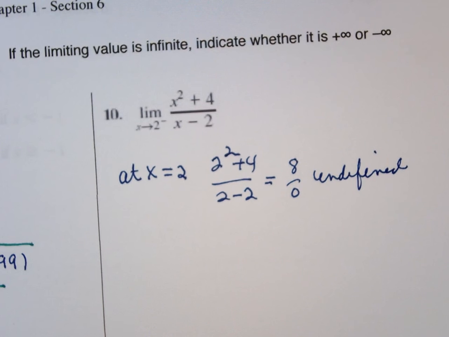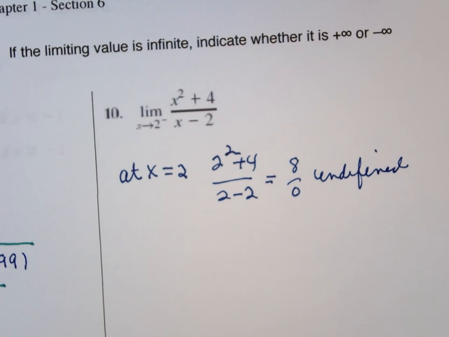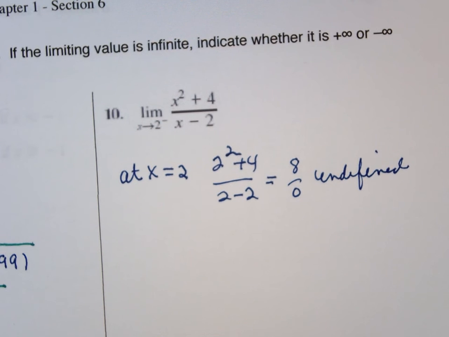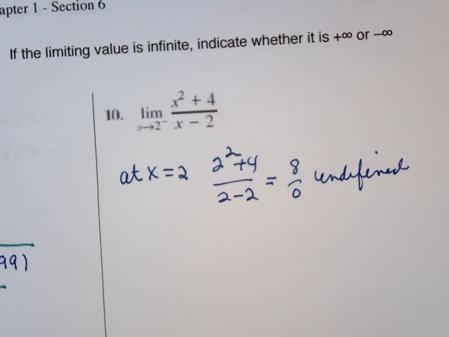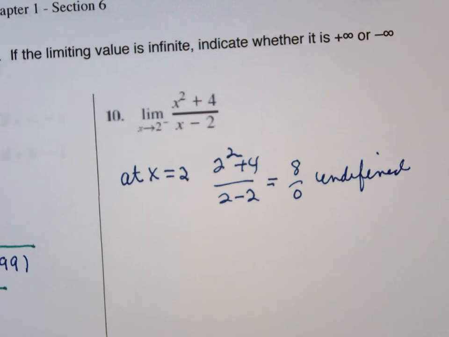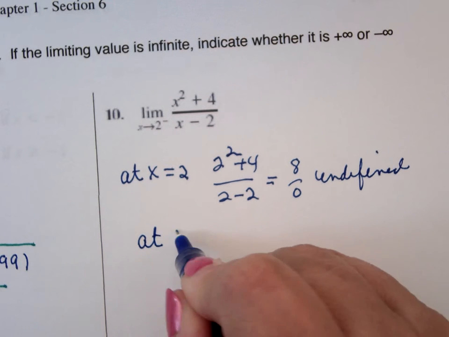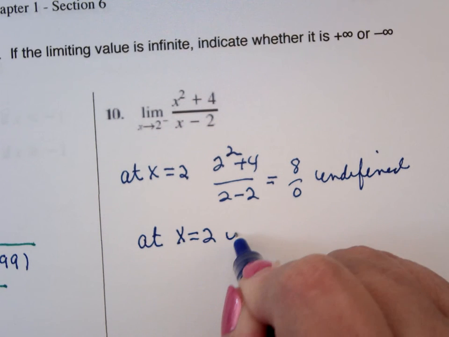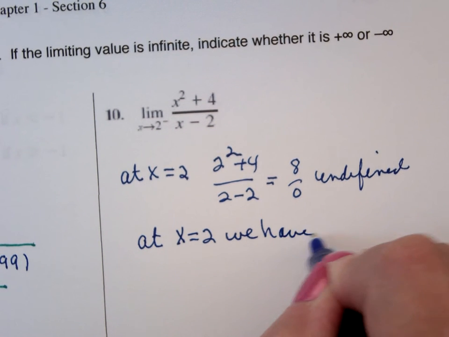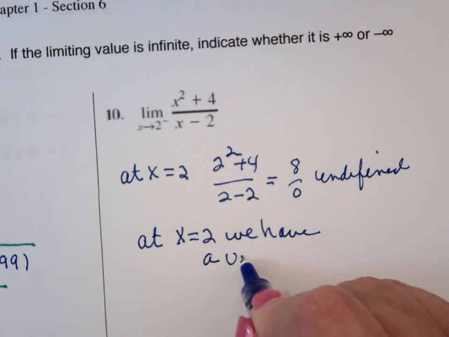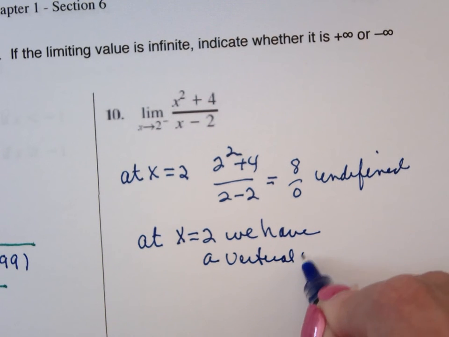And what does that mean to us, really? If I have a pure division by 0, what is it? It's an asymptote. What kind of an asymptote? At x equal 2, we have a vertical asymptote.